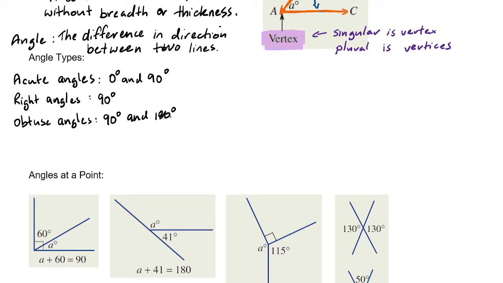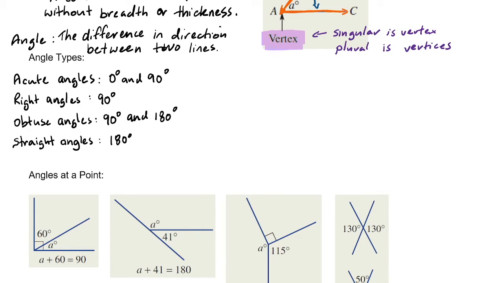Okay, so they're the three main ones that we're going to be dealing with, but then we also have straight angles, which may sound a little bit strange because essentially that's a straight line, but it's two sections of the line and they meet in the middle, forming a straight angle.